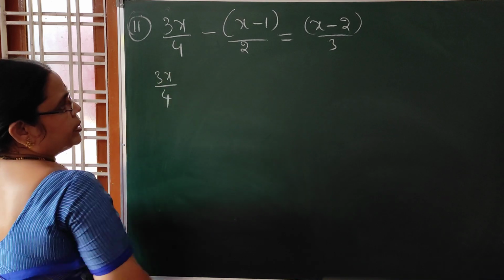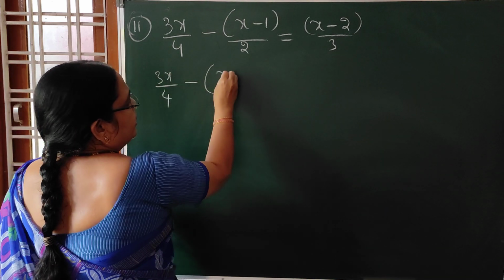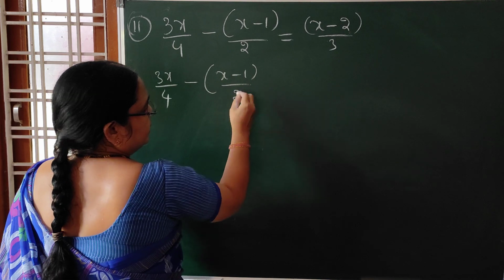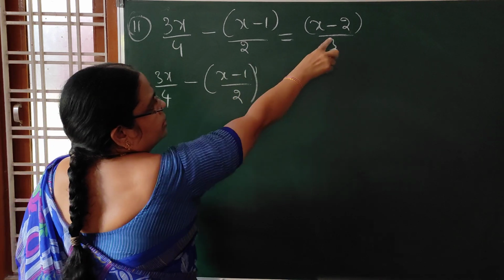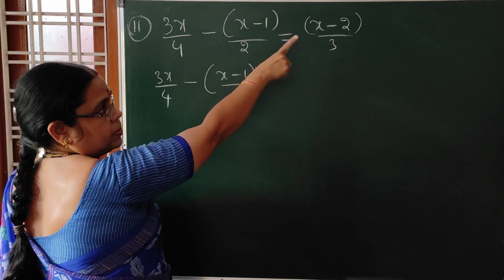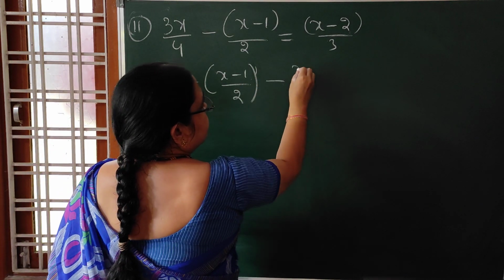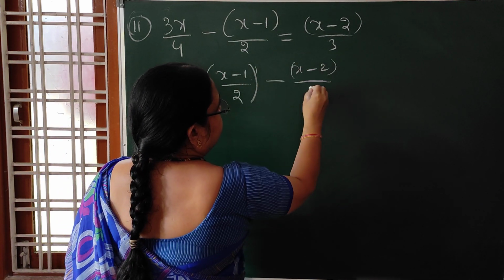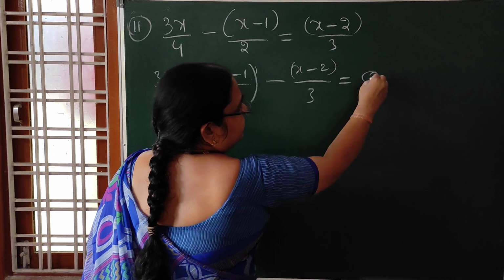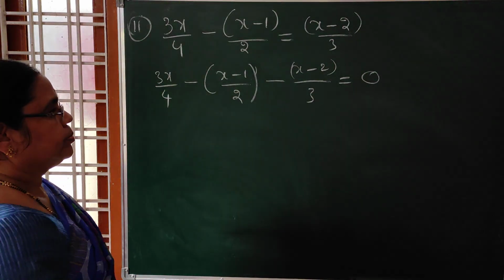LHS you have 3x by 4 minus of x minus 1 by 2 as it is. This is coming from RHS, plus becomes minus, minus x minus 2 by 3. Nothing is here, so becomes 0.